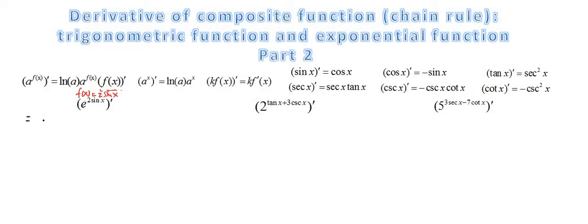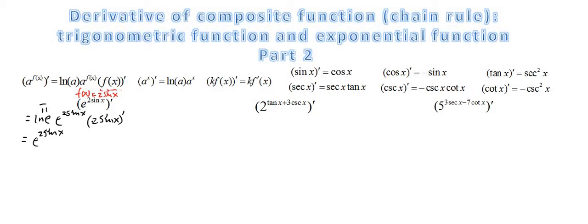Here the a is e, so we have ln e and e to the power f(x). f(x) is 2 sine x, and then times the derivative of f(x). We know ln e is 1, so we can simplify it: e to the power 2 times sine x.